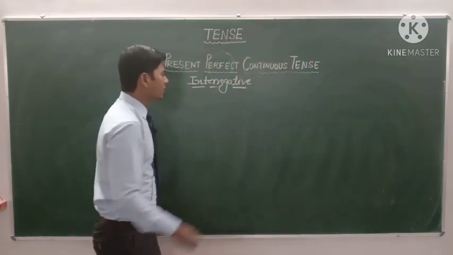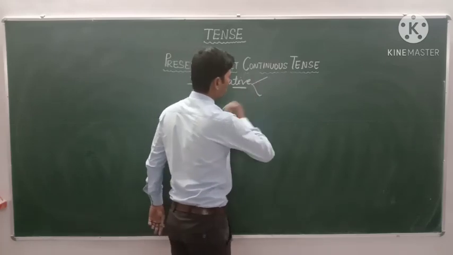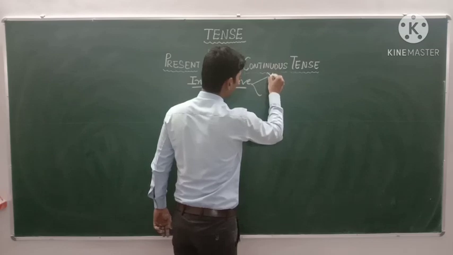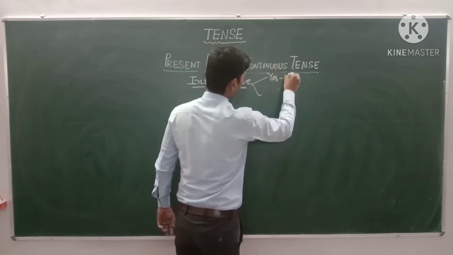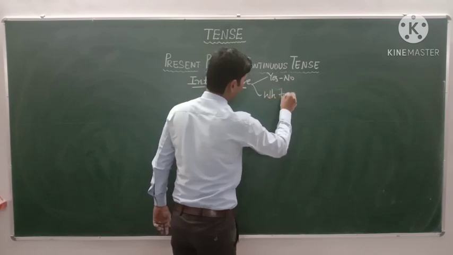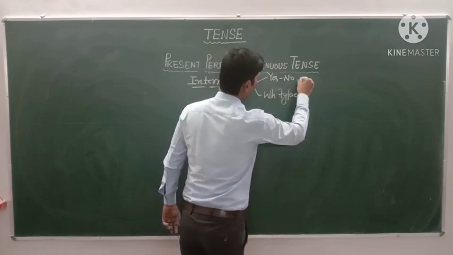It is considered to be of two types, right? The first one is yes-no type, and the second one is WH type, right?